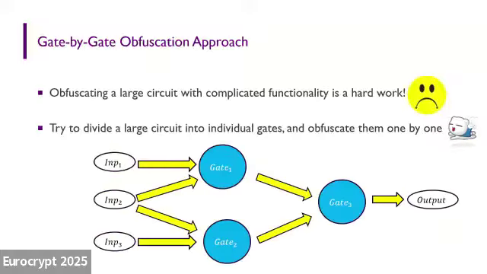However, this approach also leads to a new issue. Now, the adversary can obtain the whole structure of the obfuscated circuit. Hence, in order to prevent the intermediate results from leaking, we have to encrypt both the inputs and outputs of each gate. Here, we illustrate a simple 3-gate circuit.